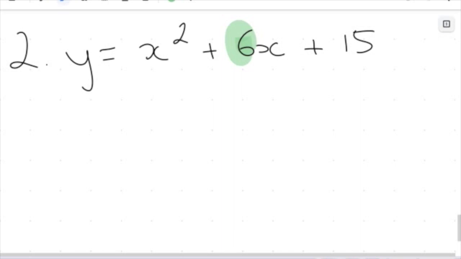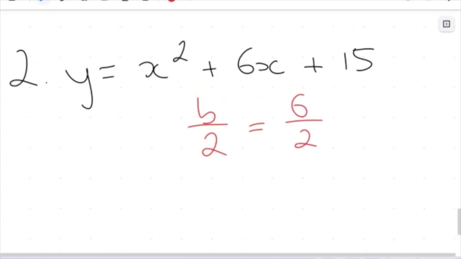And we want to divide that by 2 and square it in order to add. That's going to give us a perfect square on one side and the constants on the other side. So if I do that, I take my b on 2, which is going to give me 6 on 2. Because remember, this coefficient in front of x we call b, this one we call a, this one we call c.